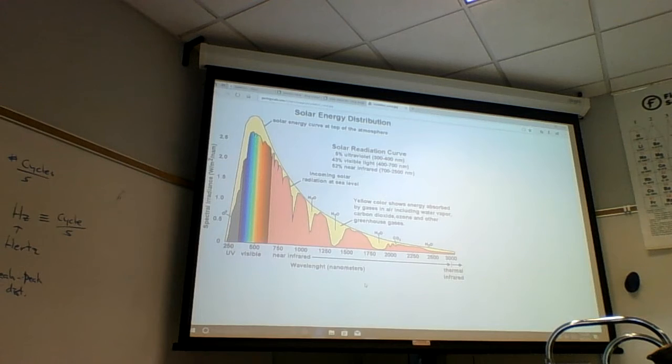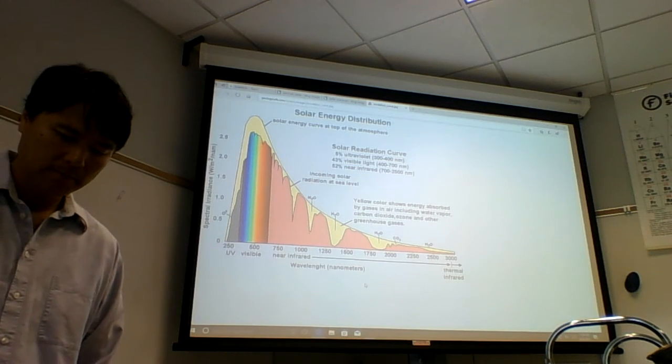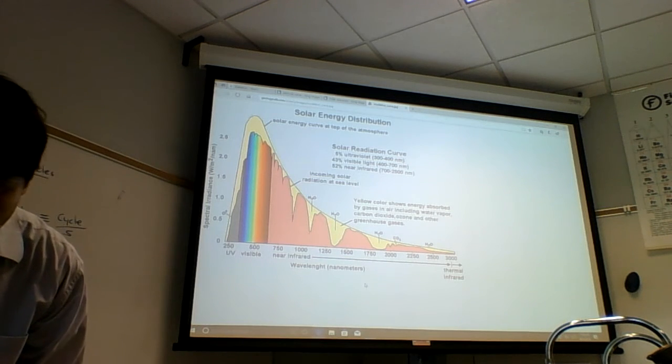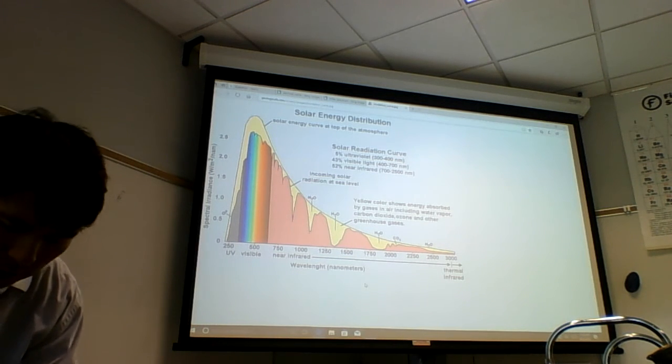And so what you can do is, okay, this is how the sun makes this light, by exciting the electrons in the plasma, right? Well, when you heat up a piece of metal, have you ever heated up a piece of metal? You feel it, you heat it up. I don't have any stainless steel rods.